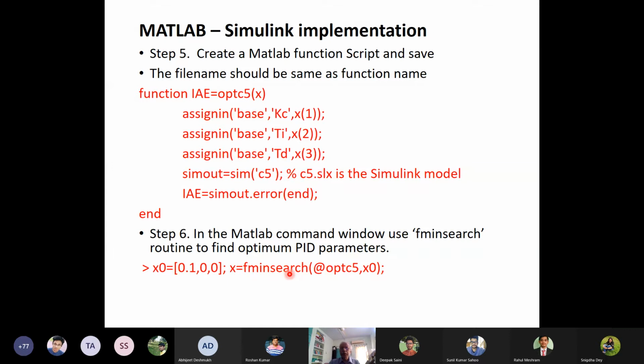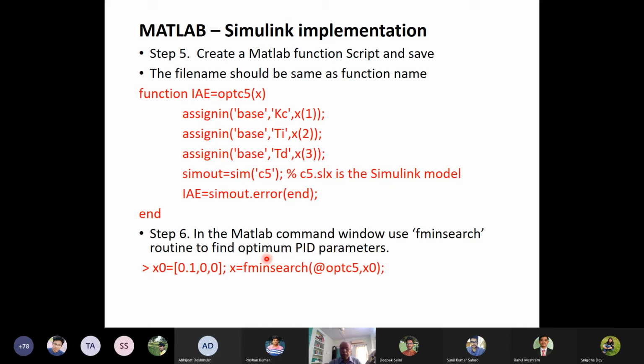If you give this value, then you'll get the output x, with x1, x2, and x3, which are basically Kc, tau n, and tau d. So this is a MATLAB and Simulink implementation to find out Kc, tau n, and tau d for a specific system.